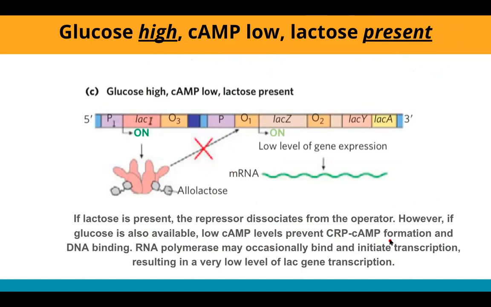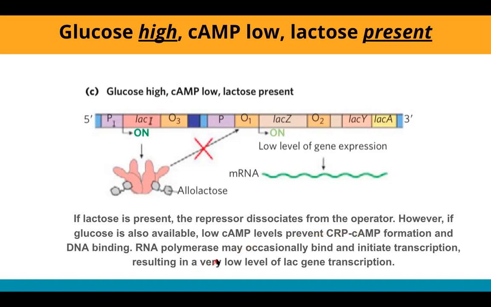Remember that for the RNA polymerase to be activated, it is better to have that activated form of CRP. Since you have high glucose, therefore you have a low cAMP, so that cAMP-CRP complex will not form. So you have low levels of gene expression, but there is still expression of mRNA.